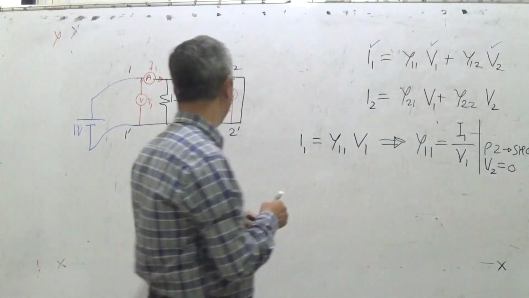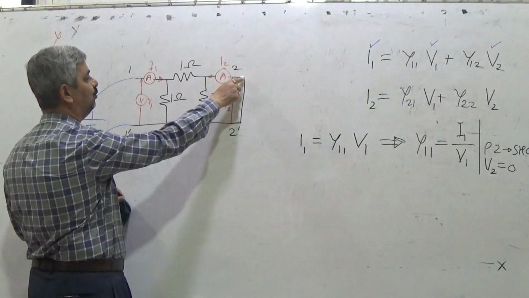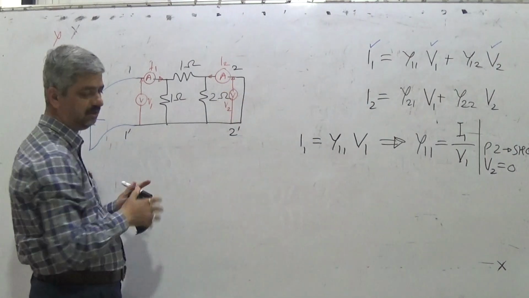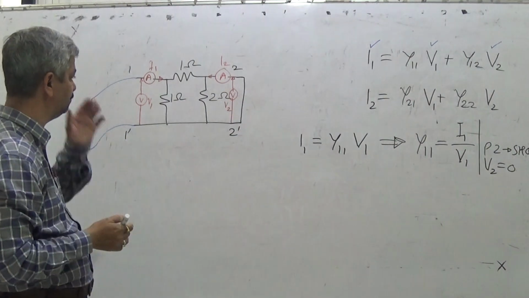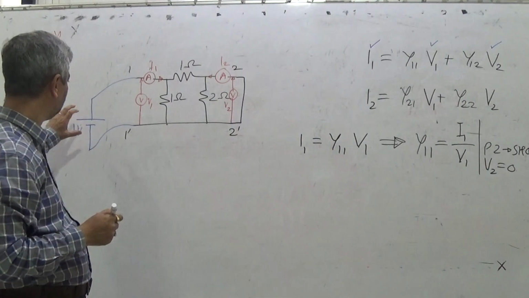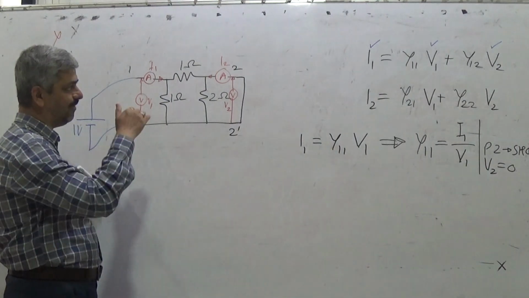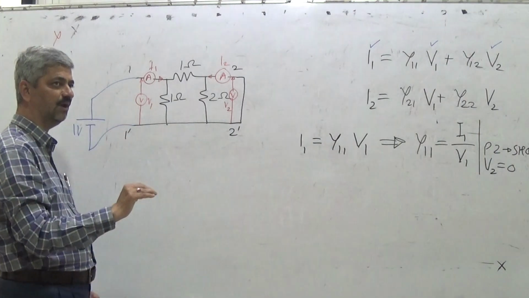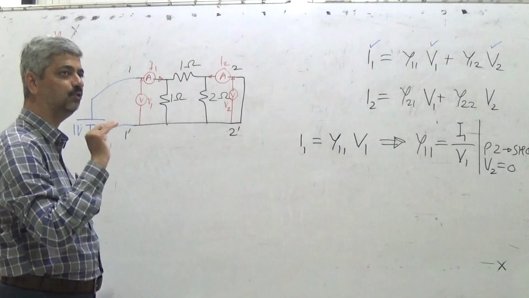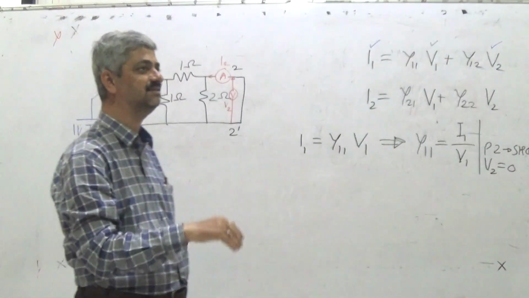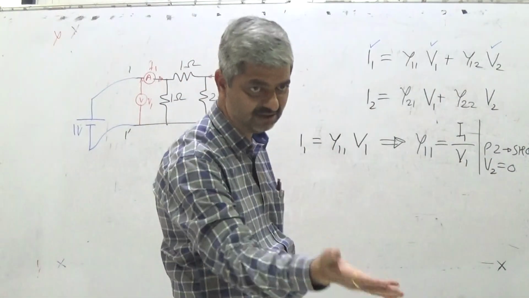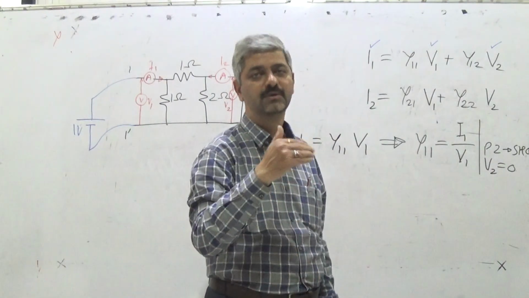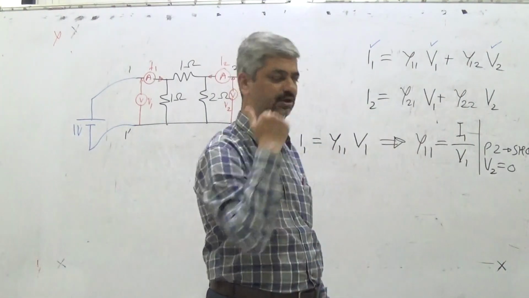So what will happen now if I make port 2 short? While performing the experiment to find Y11, you keep port 2 short. In a sense, these are called short circuit parameters. To find the value of one parameter, you have to make one port short.